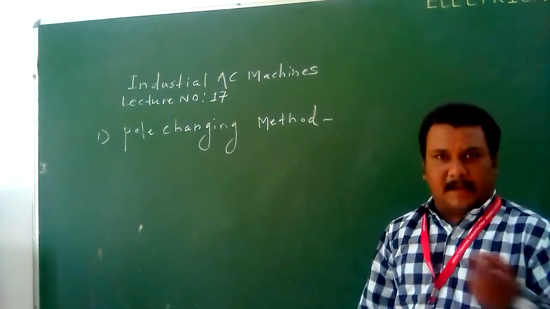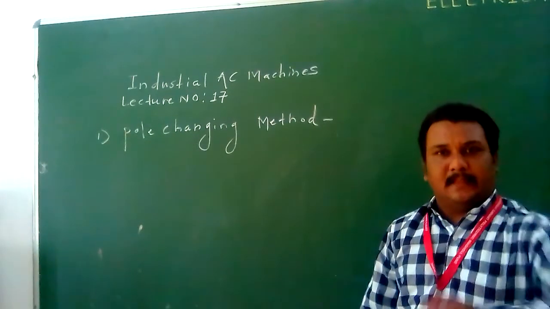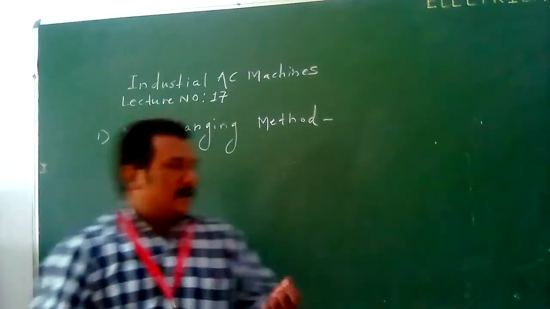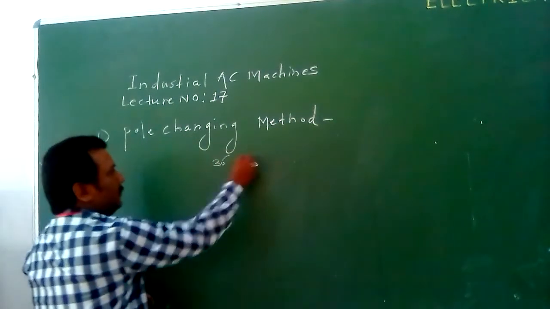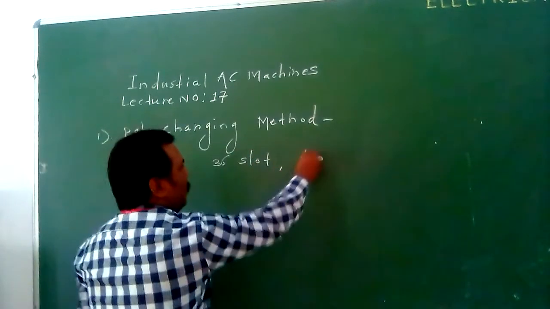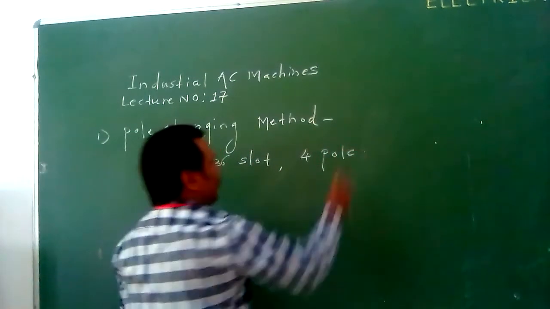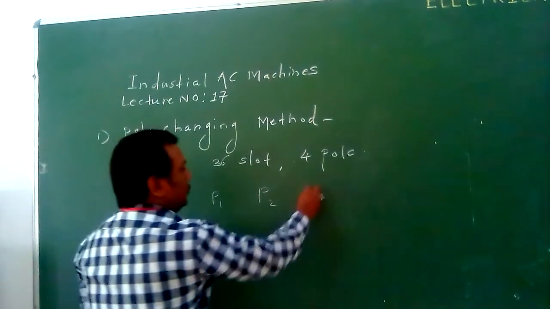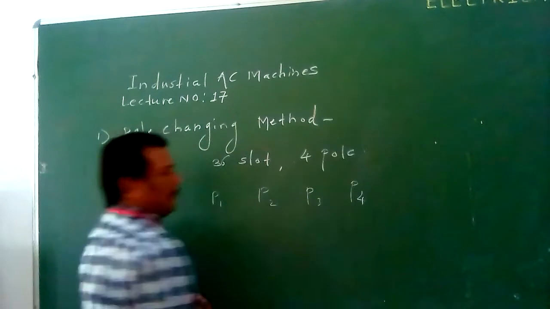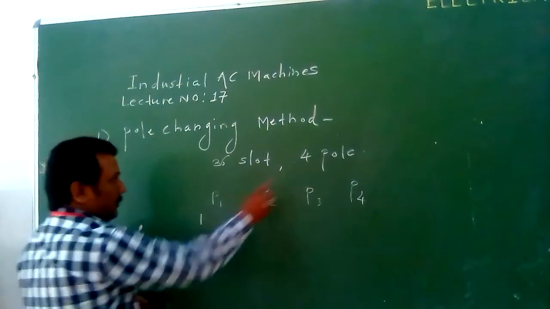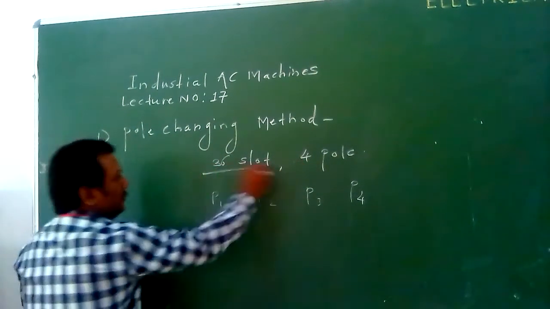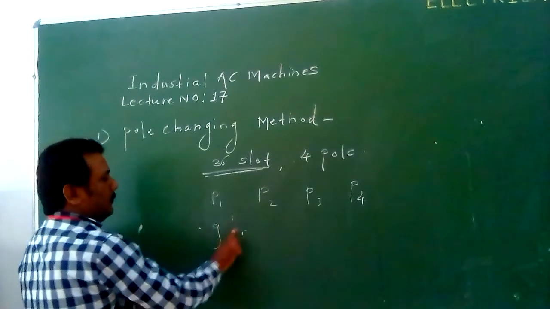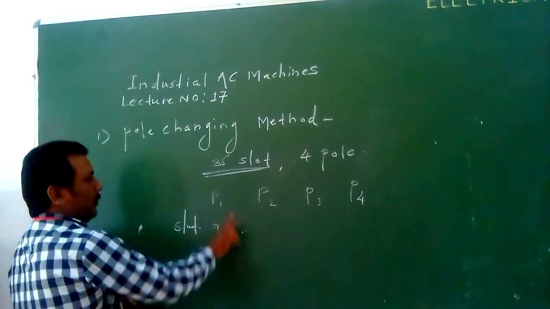The pole can change from slot to slot. Say, first of all, we have 36 slots and 4 poles, so there are 4 poles P1, P2, P3 and P4. Every pole has 9 slots.